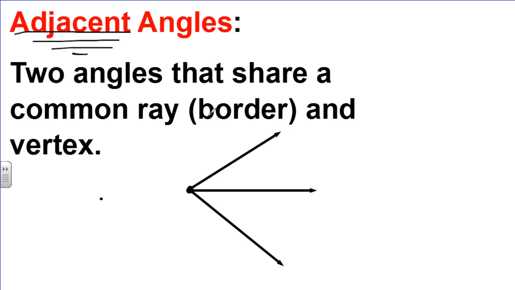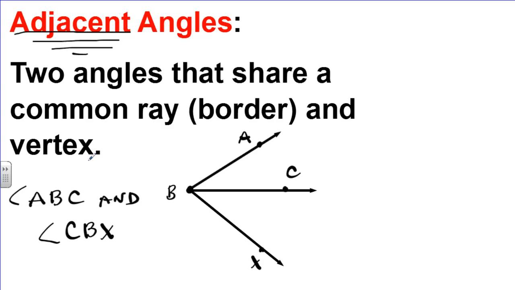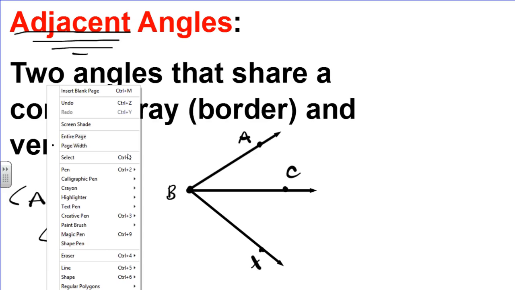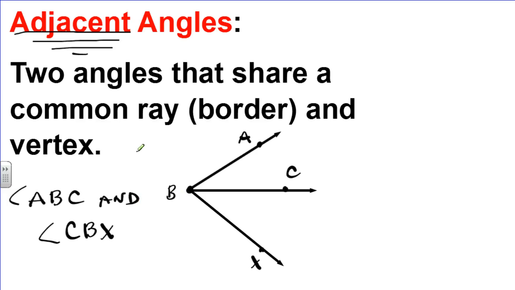So if you had angle ABC, I'll put B in the middle, and angle CBX, you would say that angle ABC and angle CBX are adjacent because they share this ray down the middle, and this ray's name is BC. They share not only the vertex B, but they share ray BC as well. Adjacent.